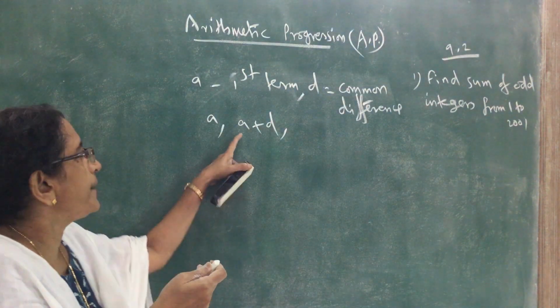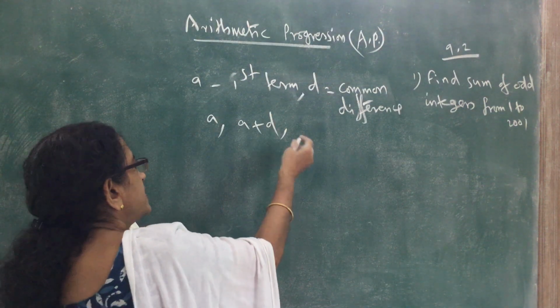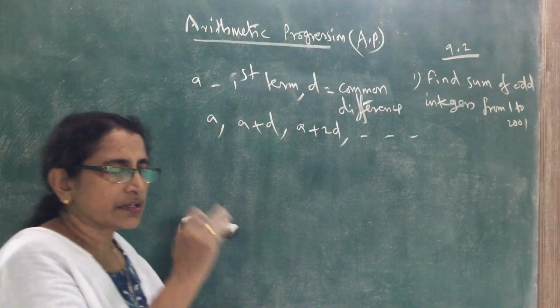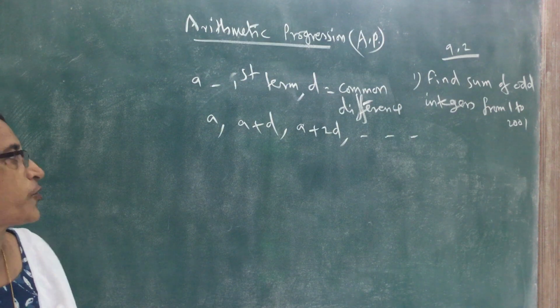Next term will be a plus d plus d, again adding the common difference, that is a plus 2d, etc. So these represent the general terms of an arithmetic progression.